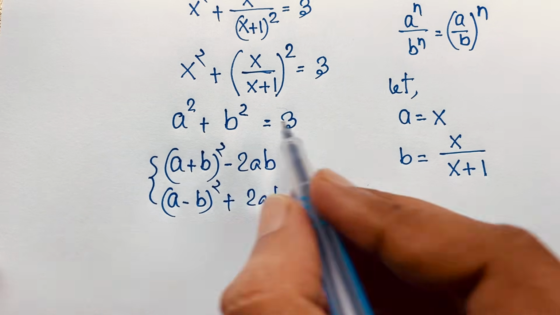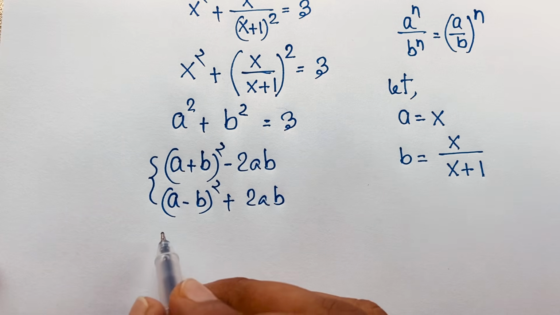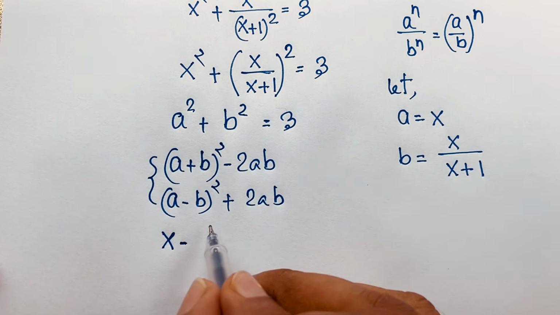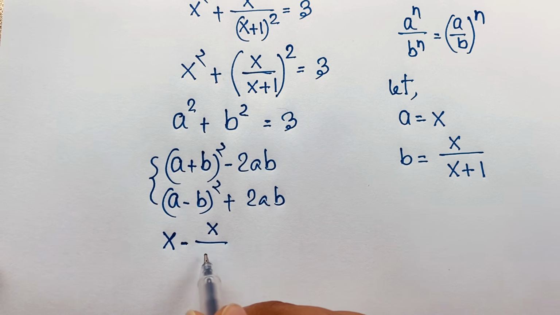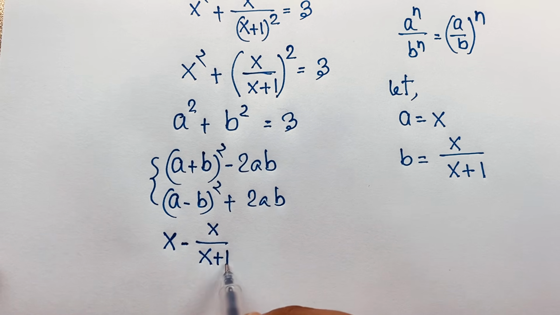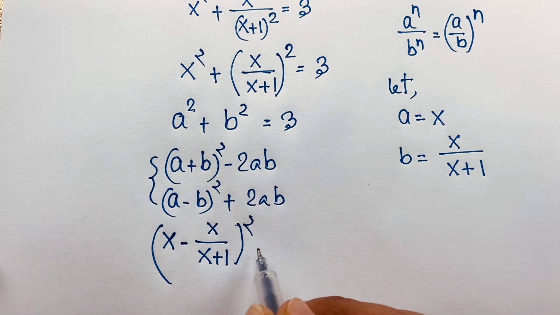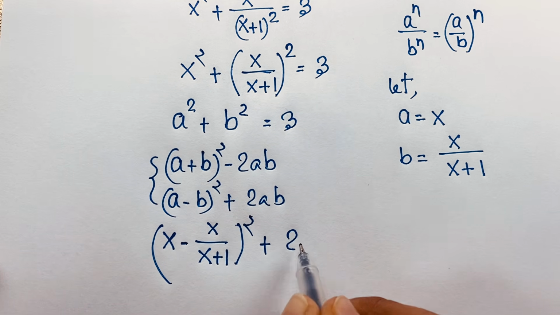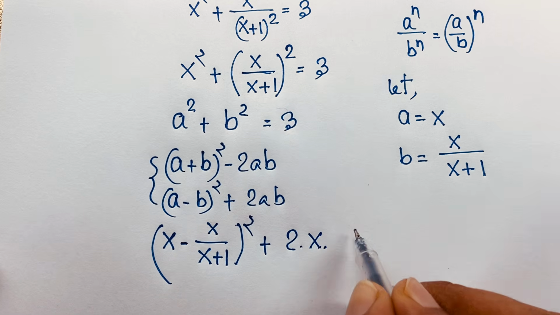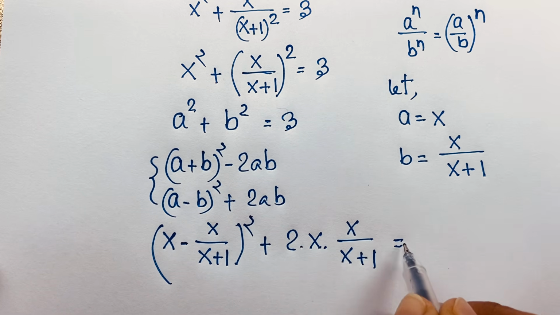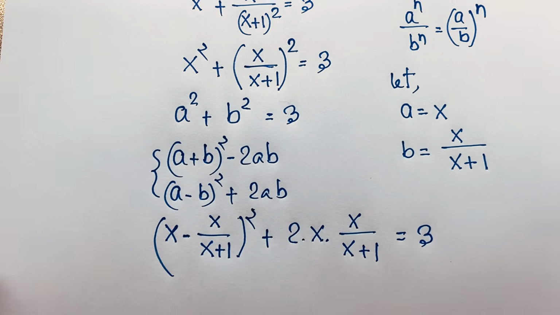So here a is equal to x, so I take x here minus b, which is x over x plus 1, bracket power 2, plus 2ab, where a is x and b is x over x plus 1, is equal to 3.